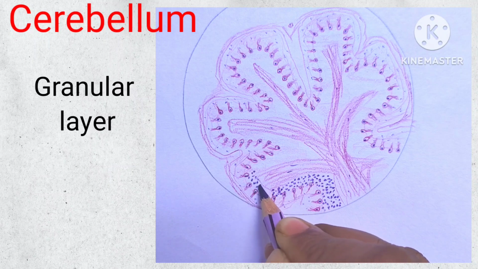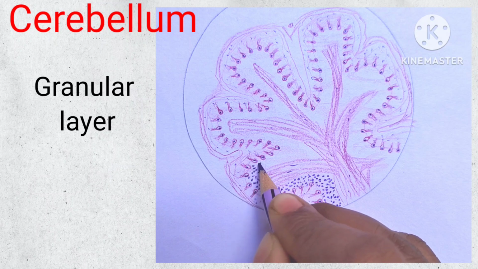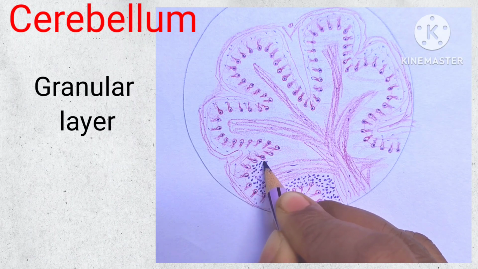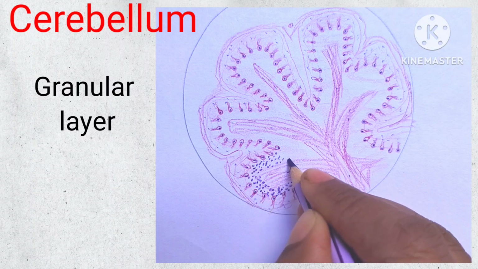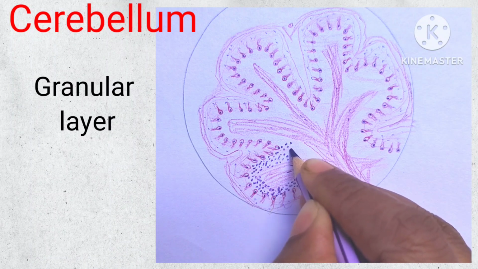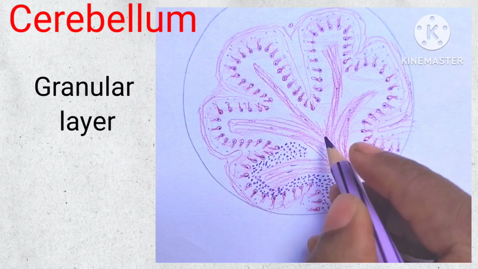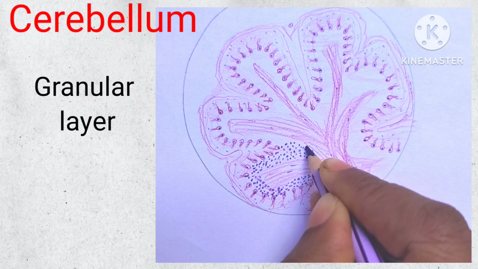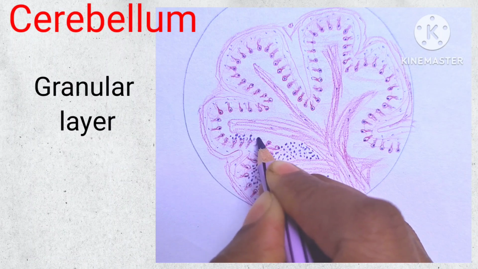So 3 basic layers we have to show in the cerebellum. The molecular layer consists of the stellate cells and basket cells. Purkinje cell layer consists of Purkinje cells. The third layer, the granular layer, consists of 2 Gs. One is granule cells, another is Golgi cells. These are the 3 basic layers of grey matter.